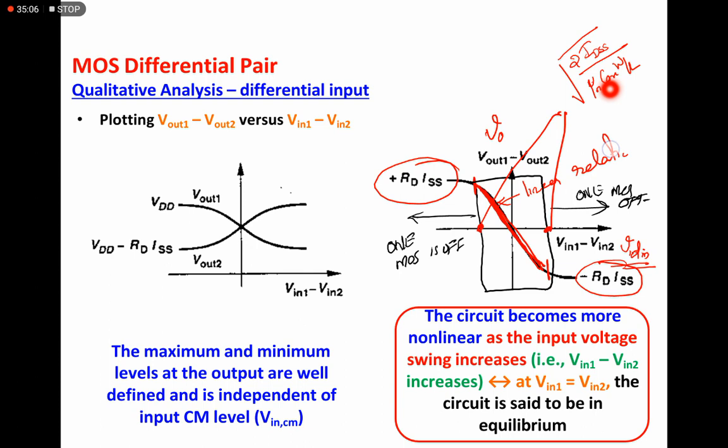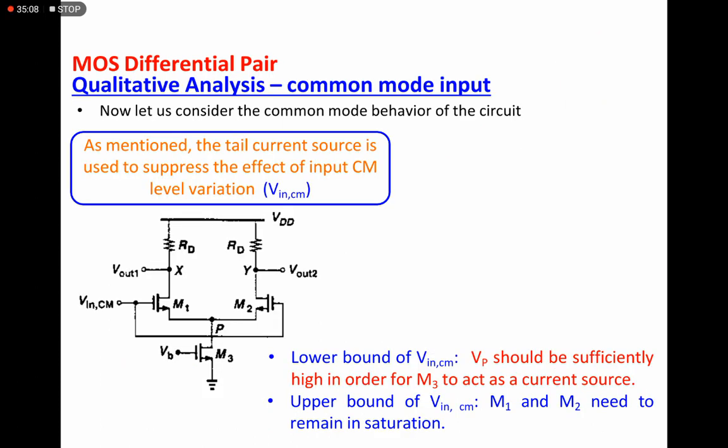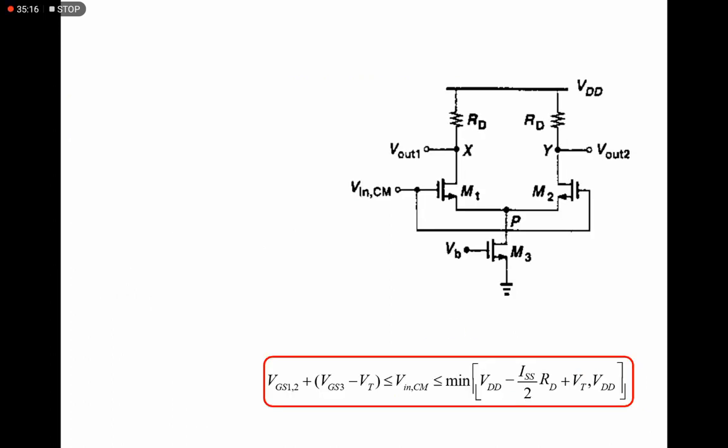This is the cutoff voltage. Similarly, we need to evaluate what is the range of common mode signal that we can apply. This will be the expression of the common mode signal that we can apply to a differential amplifier. Why it is so, we will discuss that. With that, we will wind up the first section.